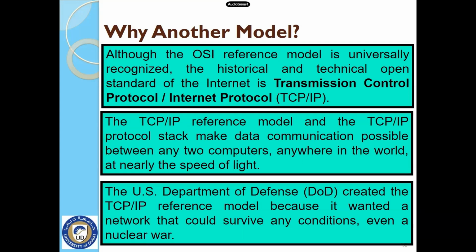And nowadays, I believe you'll rarely find any company or organization following the OSI model. Everybody's using the TCP/IP model. So if you were given a question, what are the advantages of TCP/IP over OSI? This is the key sentence here. Data communication is possible between any two computers, anywhere in the world, and nearly at the speed of light.